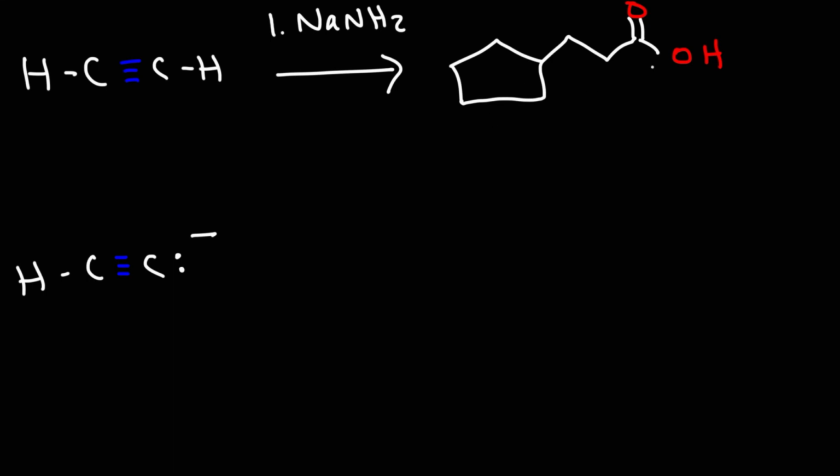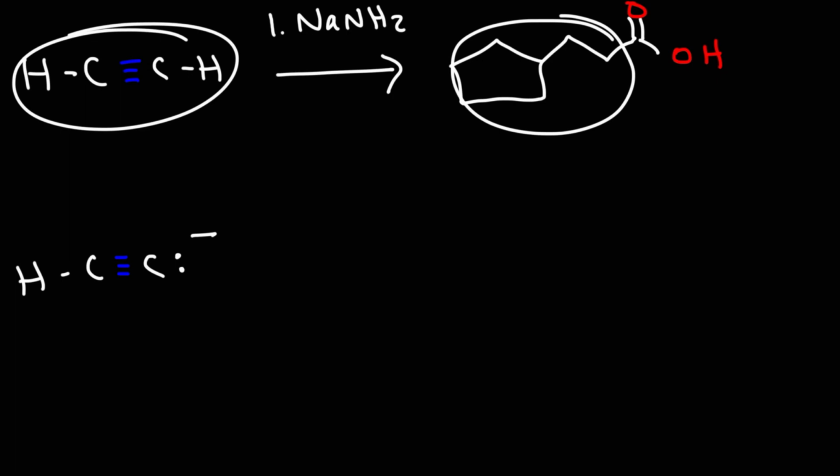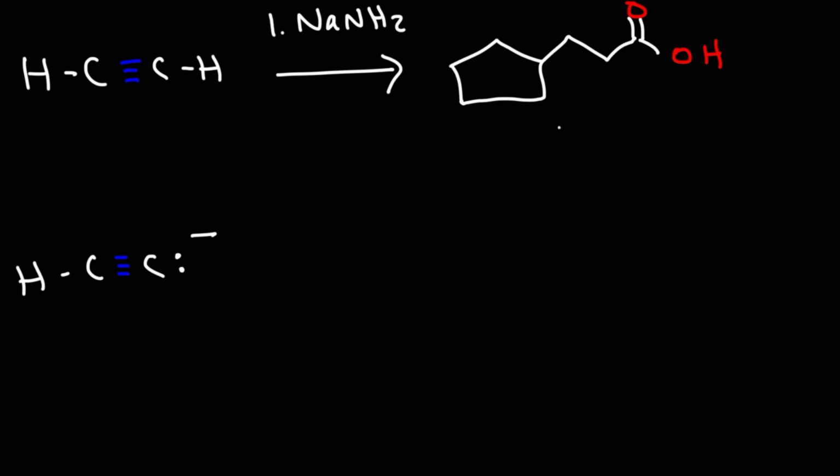Now, we need to add this part to the triple bond before we use ozone. Ozone will convert the acetylide molecule into a carboxylic acid or CO2 potentially, depending on what we add to this triple bond. So first, let's add the ring with 2 carbons.